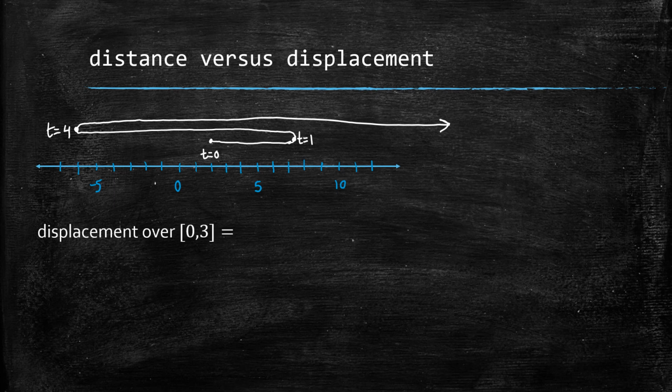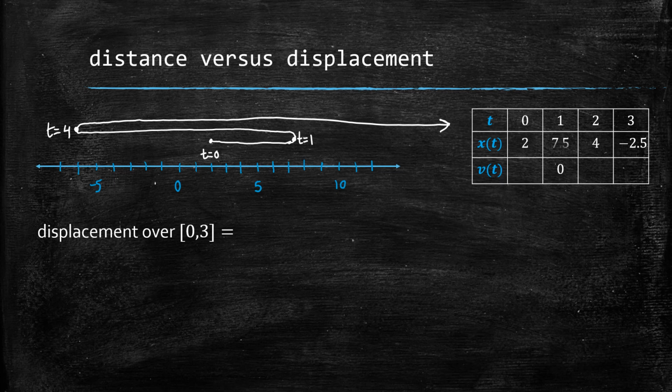So the displacement is really just the net change in position of the particle over that time interval. Over the interval 0 to 3, it starts at x equals 2, so it starts here, and at 3 seconds, it's back here at negative 2.5. So the displacement ignores what happens in between and just looks at where it started, where it ended up, and how much of a change that was.